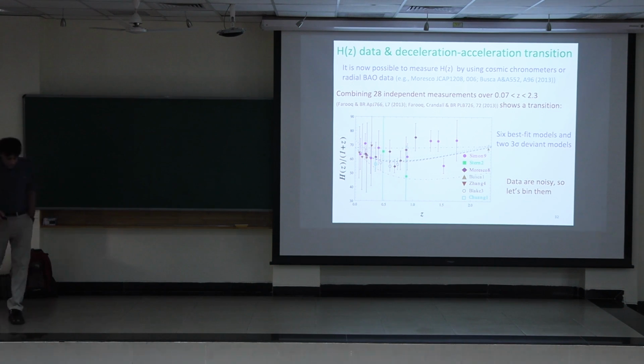But before I get to that, let me just change gears for a second and look at the Hubble parameter. The expansion rate is a function of redshift. So there's enough data, and this again is from over a decade ago, and this comes from cosmic chronometers or radial BAO measurements. And it looks pretty messy, but these models in here are the 6 best fit models.